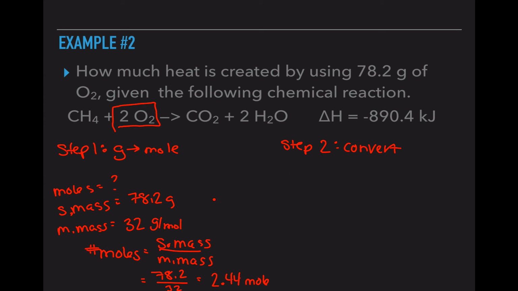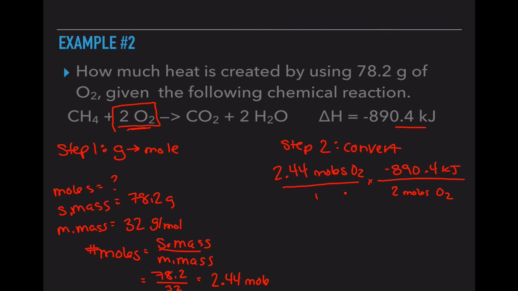So step 2 is to convert. Again, I'm going to take this value I just solved for, 2.44 moles of O2, and that's going to go over 1 on our first fraction bar. Our second fraction bar, I'm going to use 2 moles of O2 and this delta H value. So since moles of O2 is on the top, I want to put 2 moles of O2 on the bottom, and delta H is negative 890.4 kilojoules.